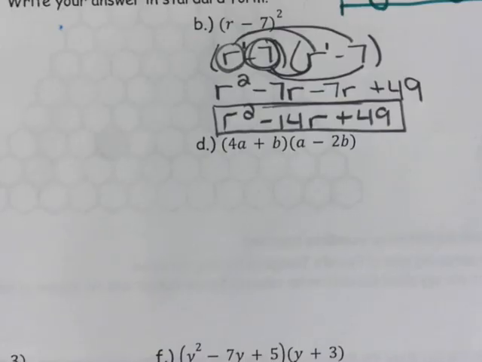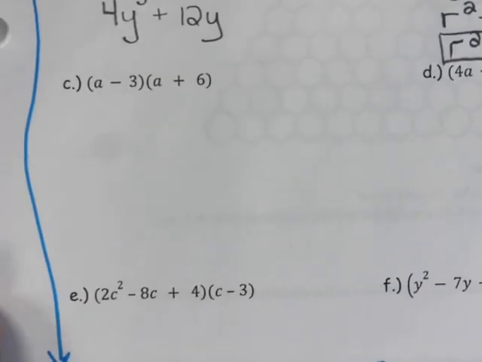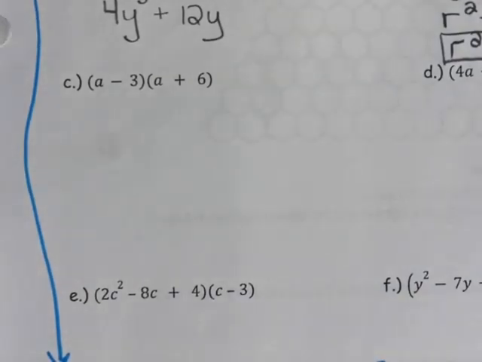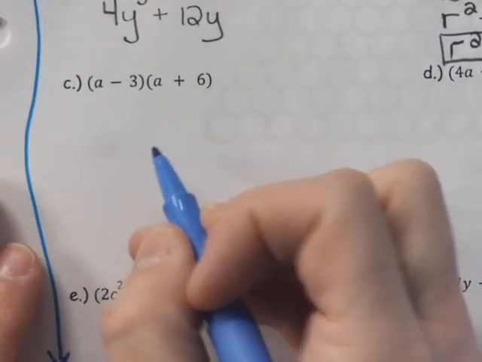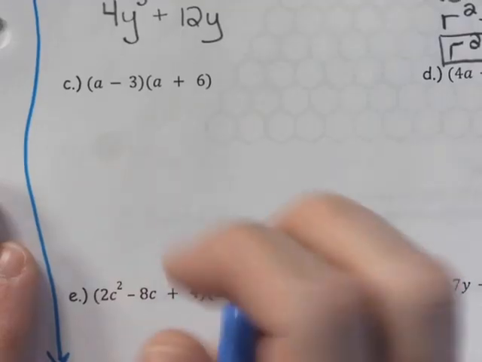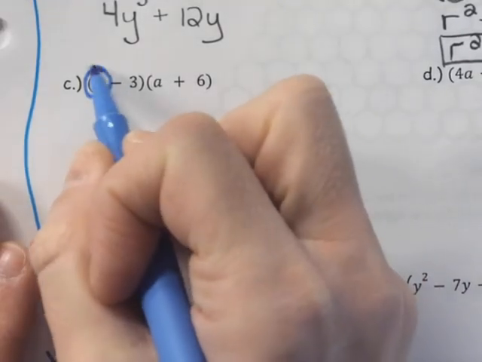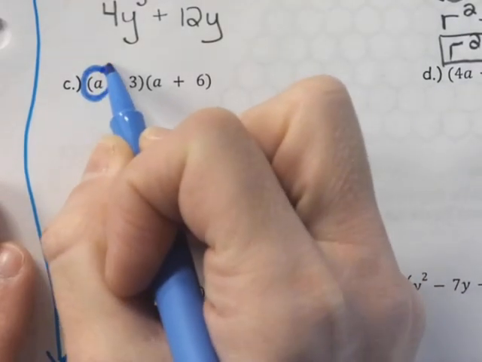Okay. Next one. Let's come over here. I'm going to do this one and I'm going to color code it. There are some different ways that I can show you this, so I'm going to try a couple different ones and see which one works best for you. Okay, so we have 2 sets of parentheses again. I'm going to start with my a.